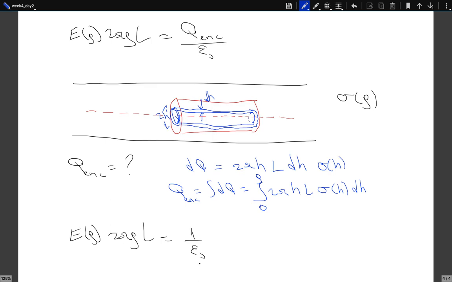That is, 2 pi is a constant, L is a constant. Let me just take them out. 2 pi L. What remains inside is the integral of sigma times h times dh. Now 2 pi L's, they cancel. Now the upper limit is rho.